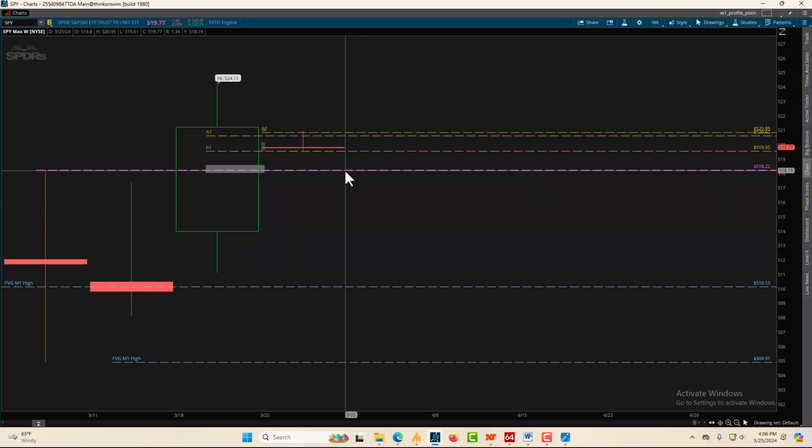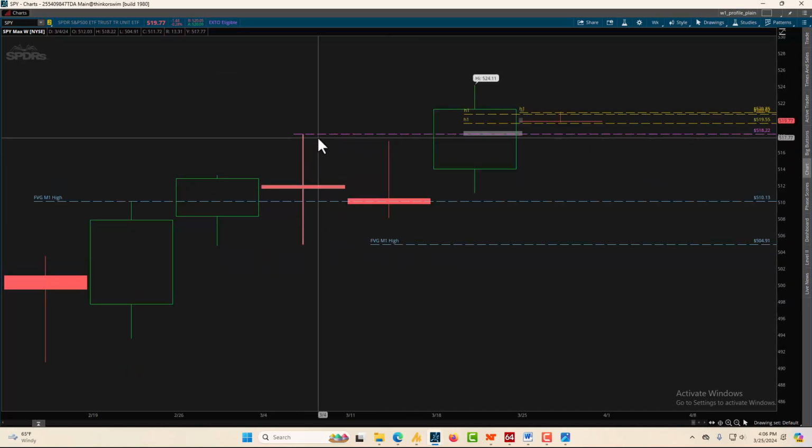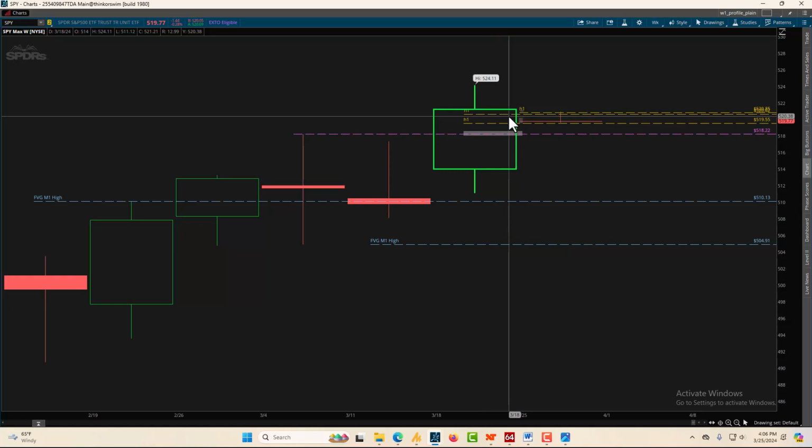We want to watch carefully this level this week, because if we look at this chart, we see this level as a false breakout, and this guy is going to be a last bullish breaker. As soon as this level breaks down, this is going to become an order block.